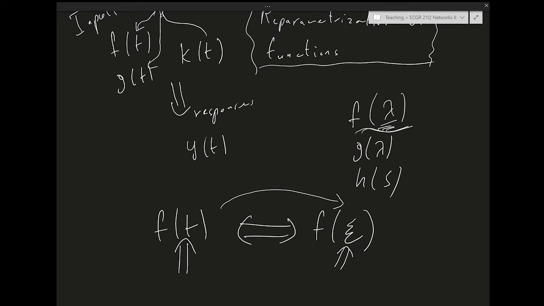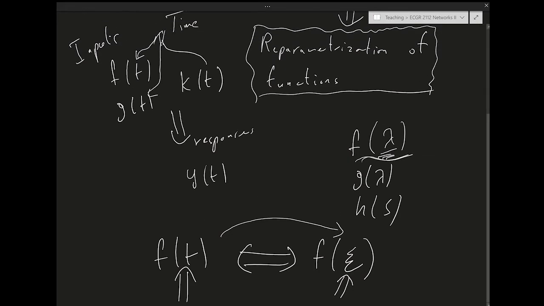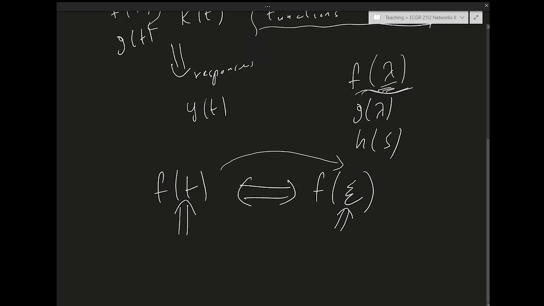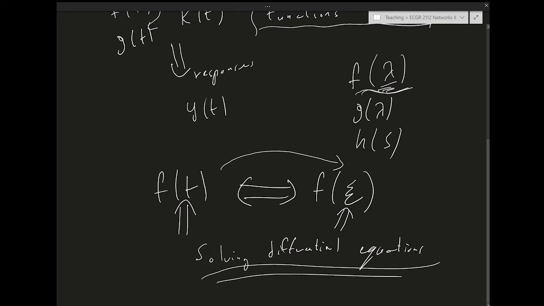Why do I want to do that? Why do I want to reparameterize? Well, what have we been doing since day one in this course? We've been solving circuits. And what does solving circuits mean? What did we do in the first couple of weeks? We were solving differential equations, to get the responses and all of that.